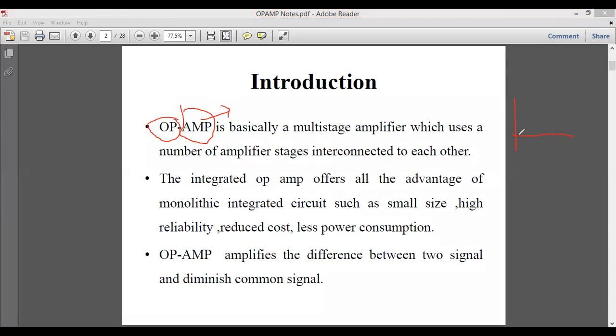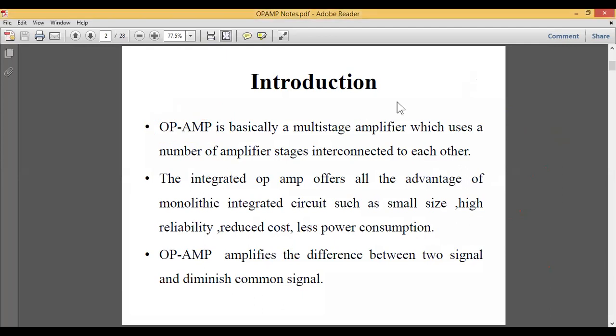For example, if this is my signal which is varying with respect to time t, and if I want to amplify this signal, I will just try to increase the strength of the signal like this. For example, if it is 2 volt in amplitude, it may become 5 volt in amplitude once I do amplification.